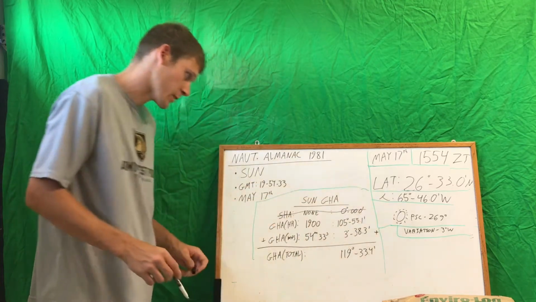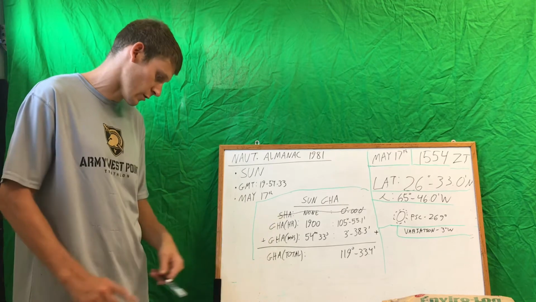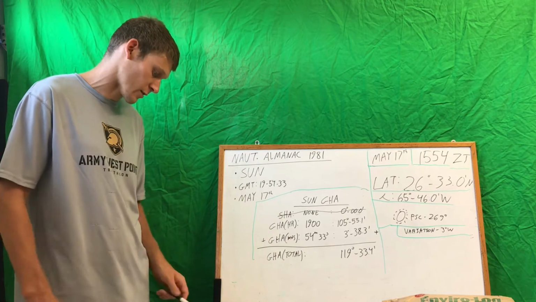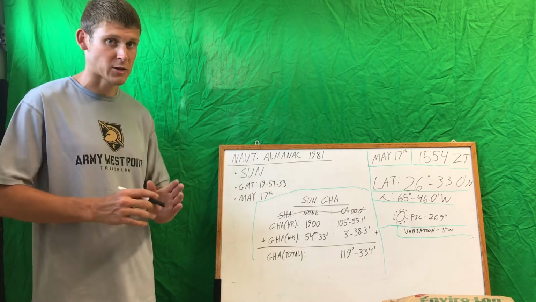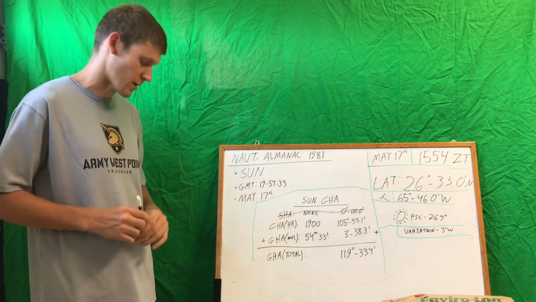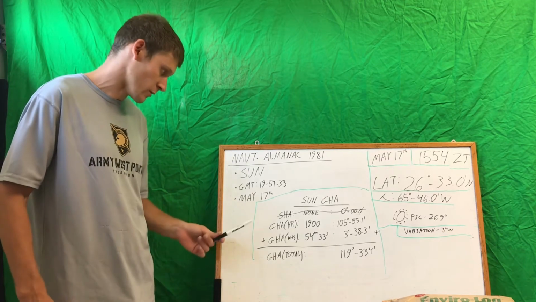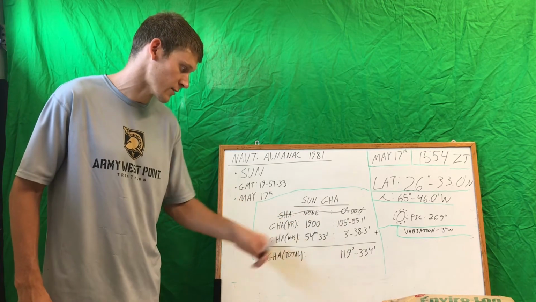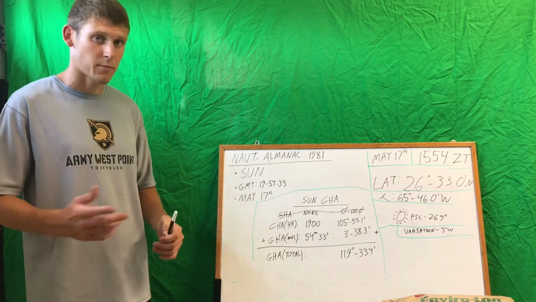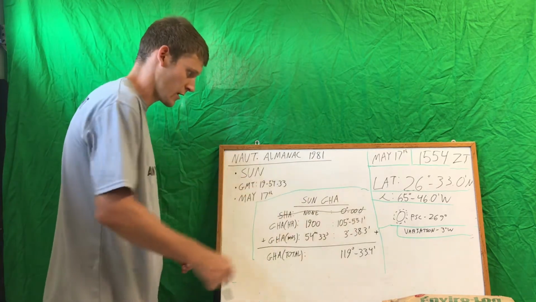If you were solving for a planet or a star, you would look for the SHA. And there's a tab section on every page, on every date, that says SHA. And you just go down and you find that star, and you take that number and get ready to add it to GHA. But we're dealing with the sun, so we don't need to worry about adding sidereal angle.